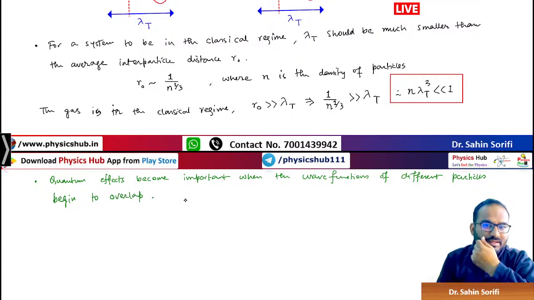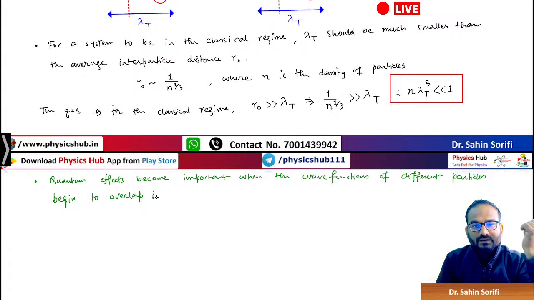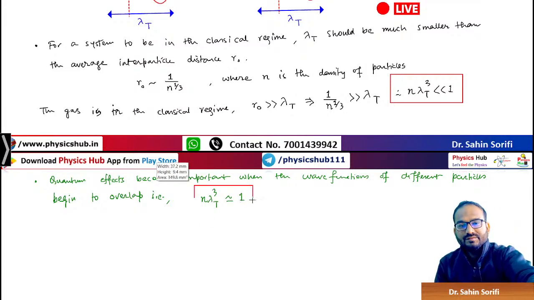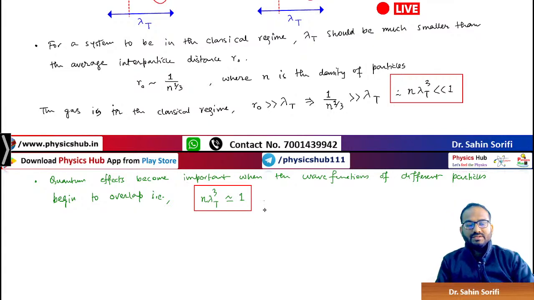So we can say that n lambda T cubed is approximately equal to 1. This defines a condition for the quantum regime.